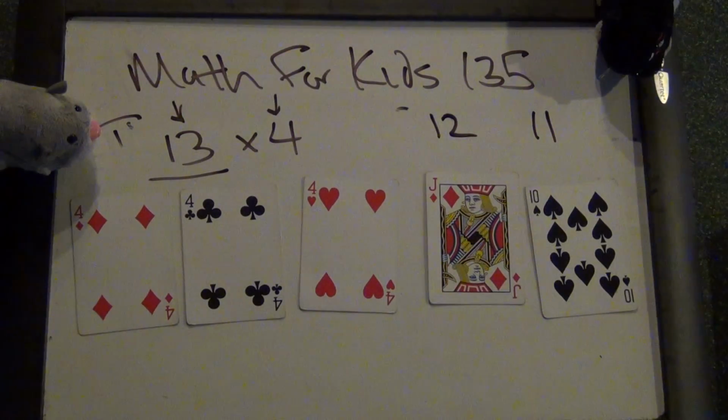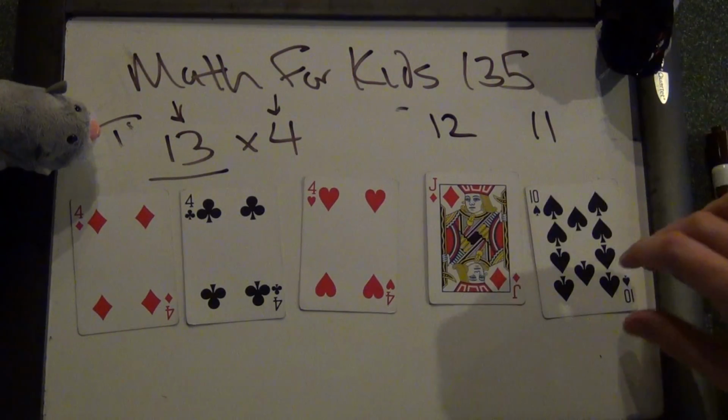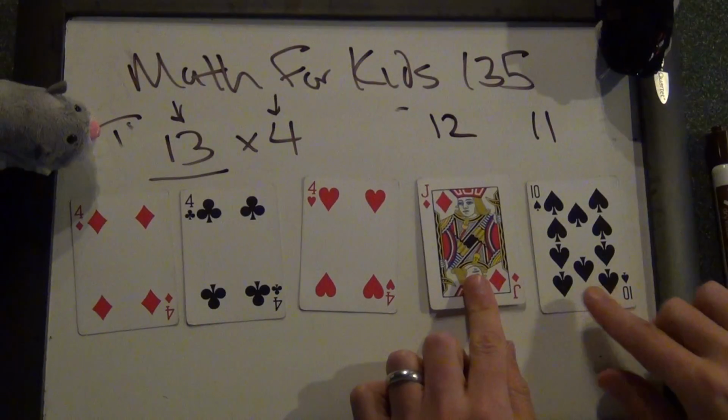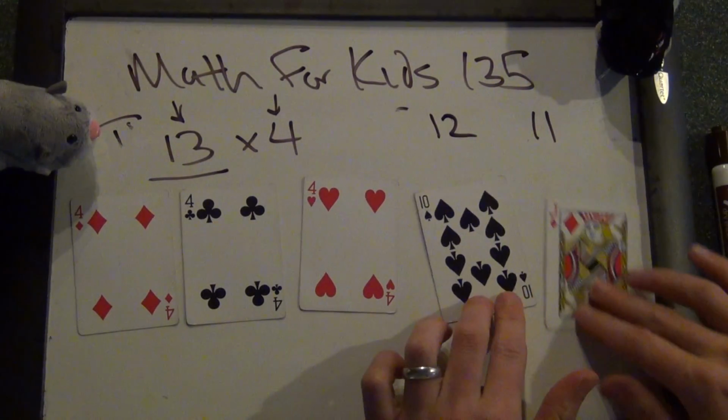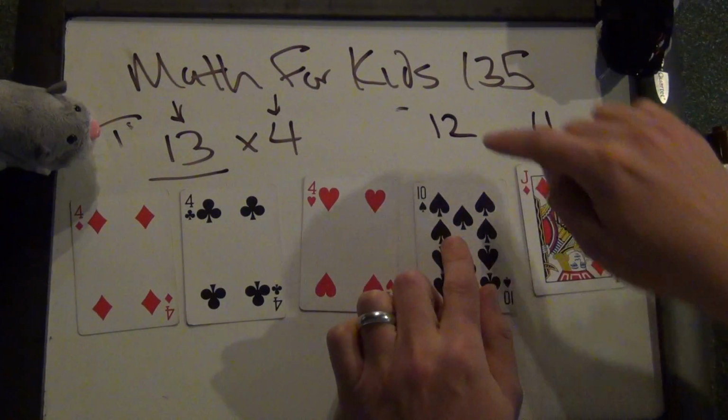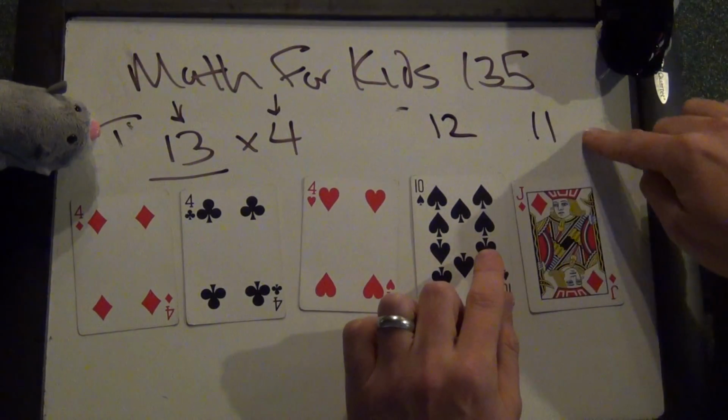And you know the problem with this, why this overcounts? Do you remember why this overcounts, 12 times 11? Okay. This overcounts because picking the jack for the 12 and the 10 for the 11 is the same as picking the 10 out of the 12 choices and the jack out of the 11 choices.